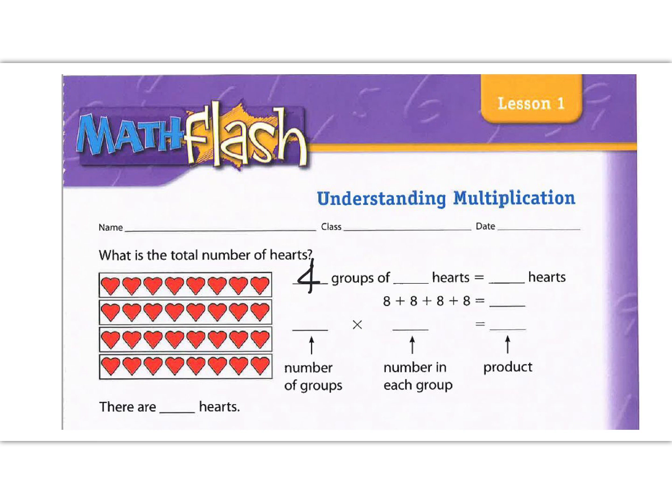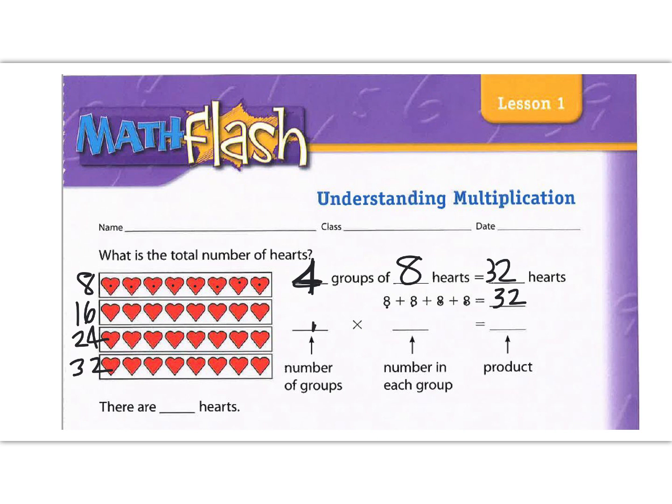In each group, there's 1, 2, 3, 4, 5, 6, 7, 8 hearts. Look here, they skip counted 8, 16, 24, 32. So there's 32 hearts because 8 plus 8 plus 8 plus 8 is 32.